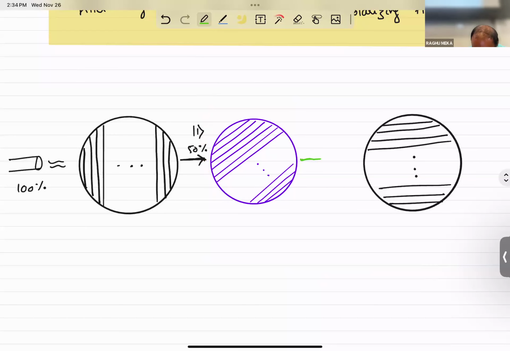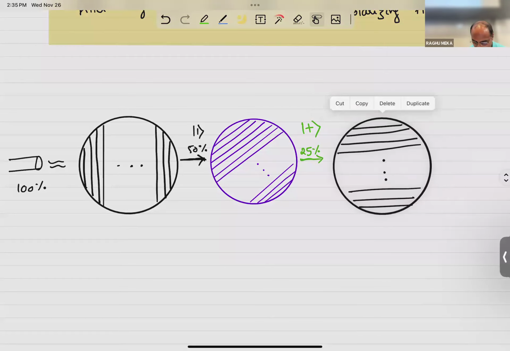So what should happen? I should get maybe 25% of whatever came through. The original thing was you ate up half, and I'm eating up another half now. But what is the state of the light going through now? It's all plus, right? Now this is going through the horizontal filter. So what happens next? About half of that is going to go through.